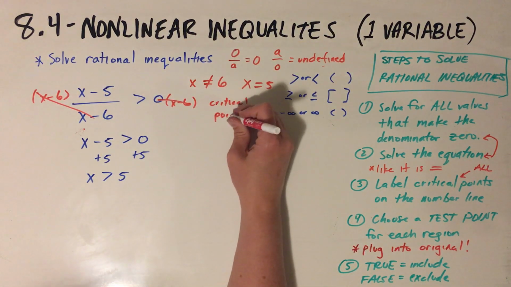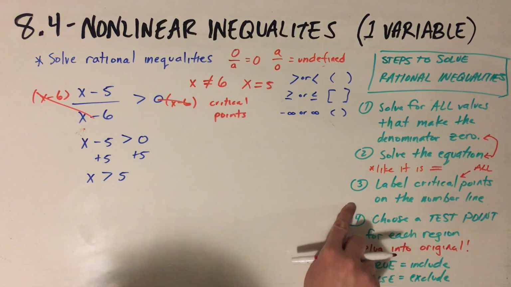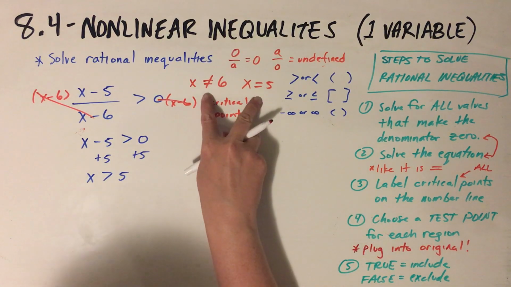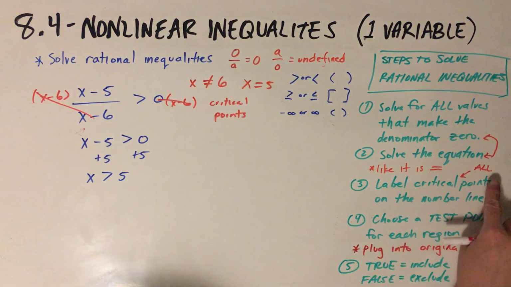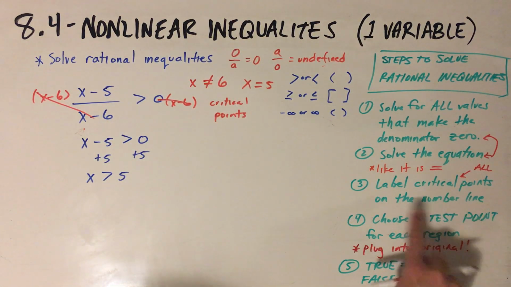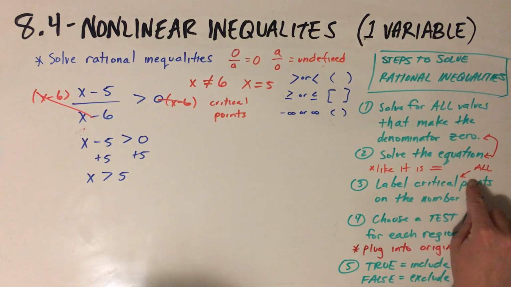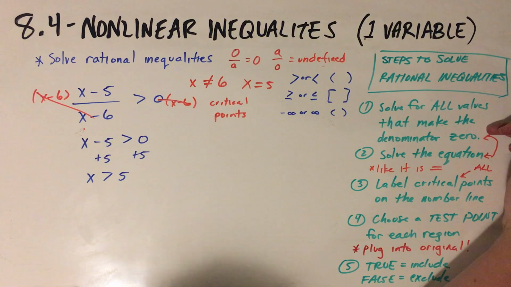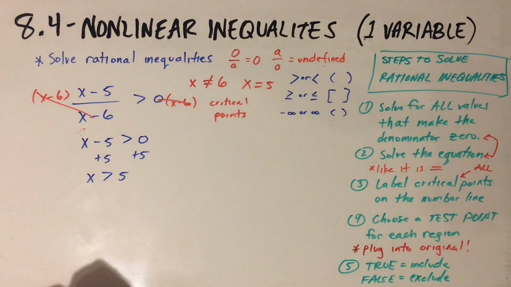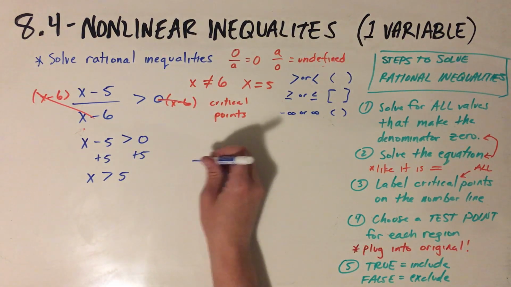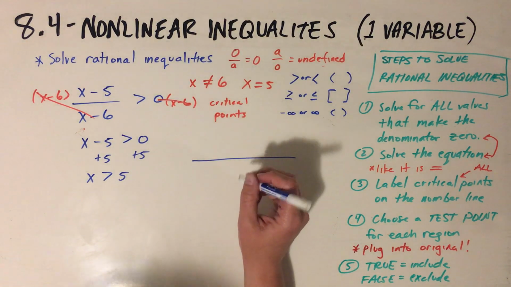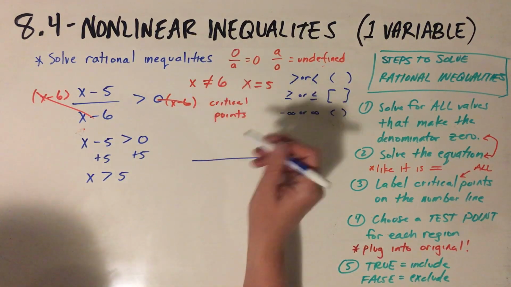And now I am going to use both of these critical points and label the critical points on the number line. Again, I'm going to label all of the critical points. That includes anything that would make the denominator 0 and anything that is a solution to the equation. So on my label, I'm going to have 6 and 5.